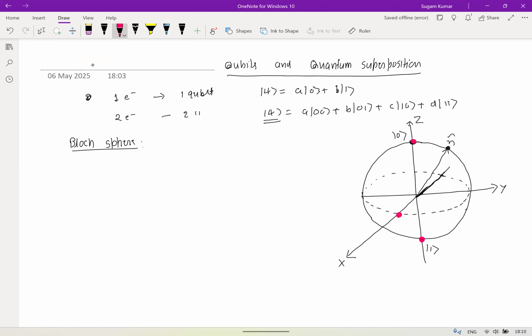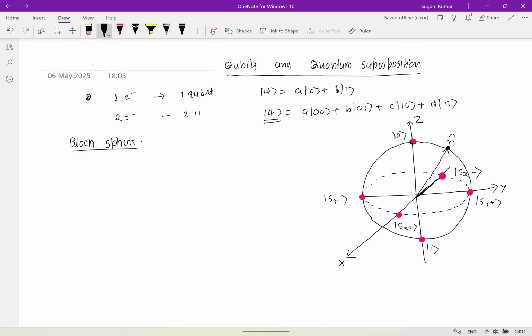When it comes to this location, we call it the Sx plus state. When it comes here, we call it the Sx negative state. Correspondingly here also, accordingly we can represent Sy plus and negative.